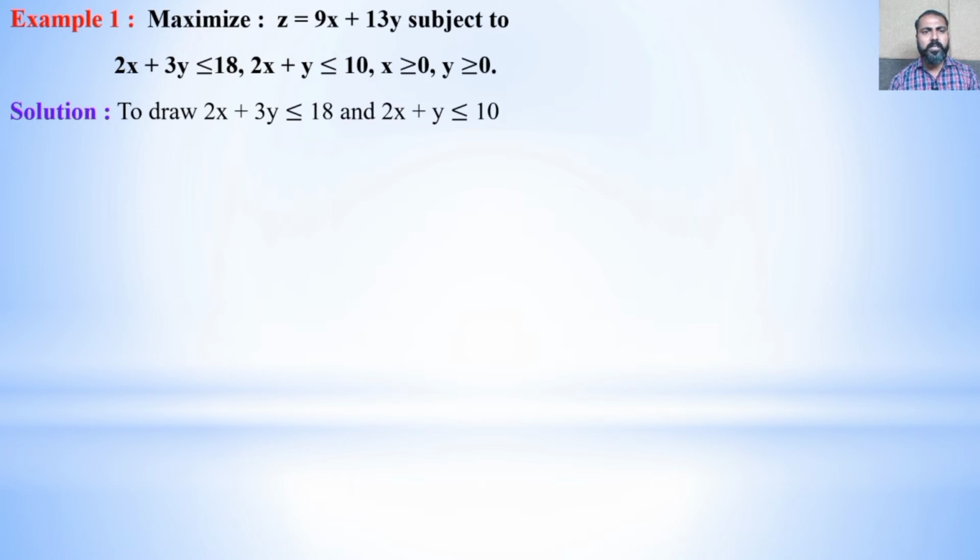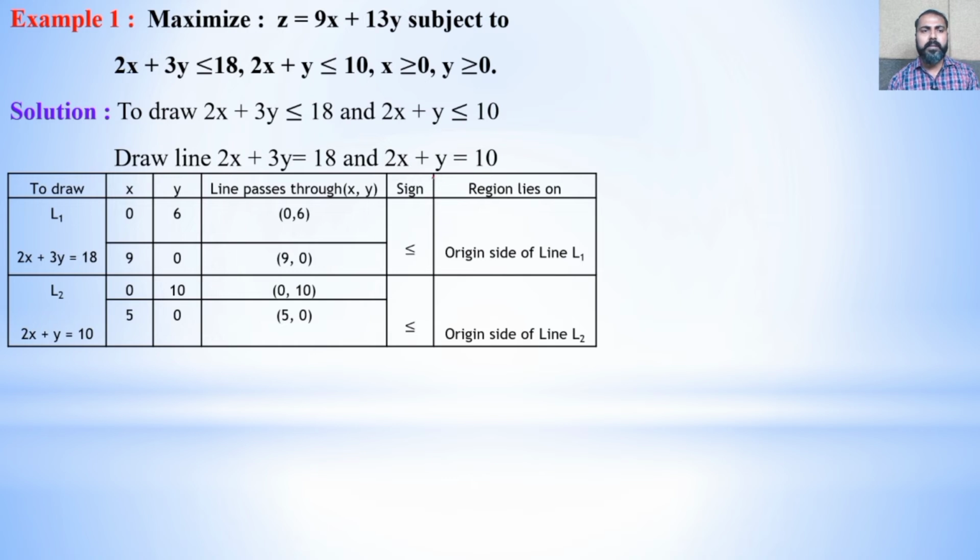Here is the solution. To draw 2x + 3y ≤ 18 and 2x + y ≤ 10, we draw the lines 2x + 3y = 18 and 2x + y = 10. For that we prepare a table.